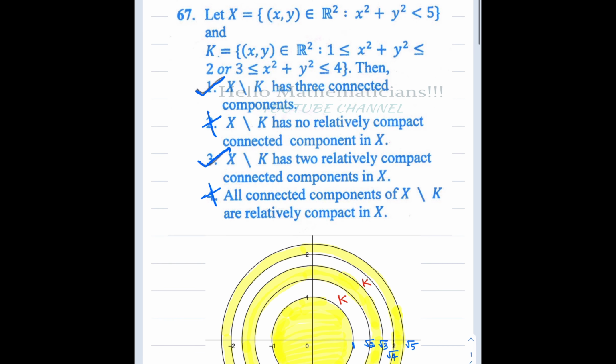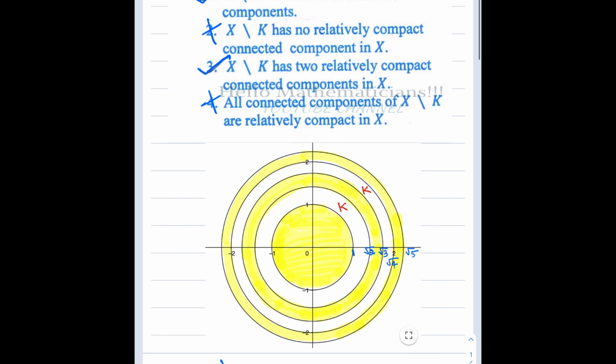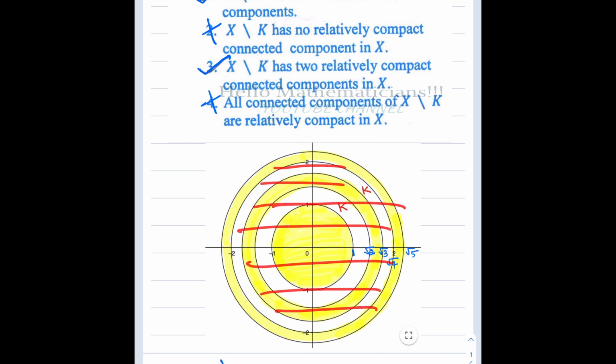Now they are asking about X minus K. X is all the points lying inside this outermost circle, and the points on this circle are not in X. Now I am removing K. Once I remove K, what we are left with is precisely the yellow color region.